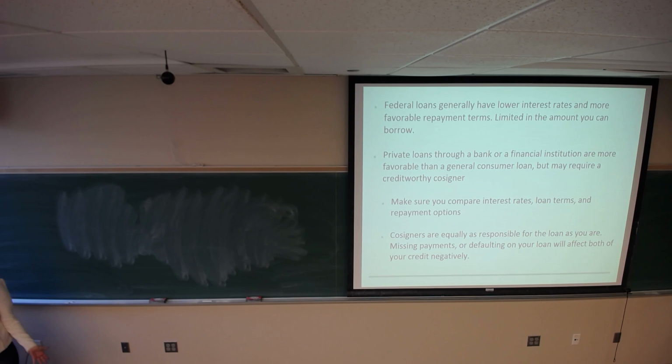Whereas private loans, you can receive those through a bank or a financial institution like Sallie Mae. They have generally more favorable terms than a general consumer loan, and you can take out a higher amount, but you have to have usually a credit-worthy cosigner on that loan. Cosigners are essentially equally as responsible for the loan and paying back that loan as the person who takes it out.